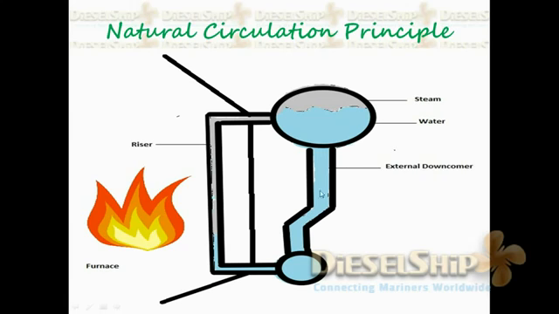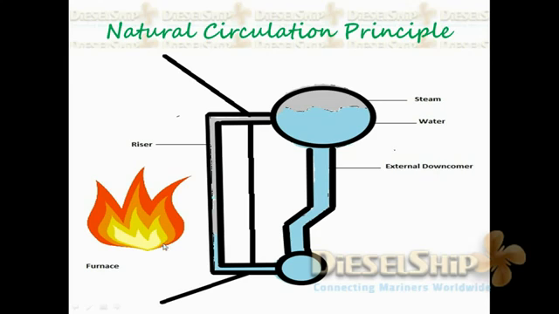Since the water flows in a downward direction, we call it a downcomer, and these are the riser tubes or the generating tubes, which means the water becomes steam. The water converts itself into steam and then rises up through these tubes and gets collected in the steam space. That's why these are called risers, and this is the furnace.